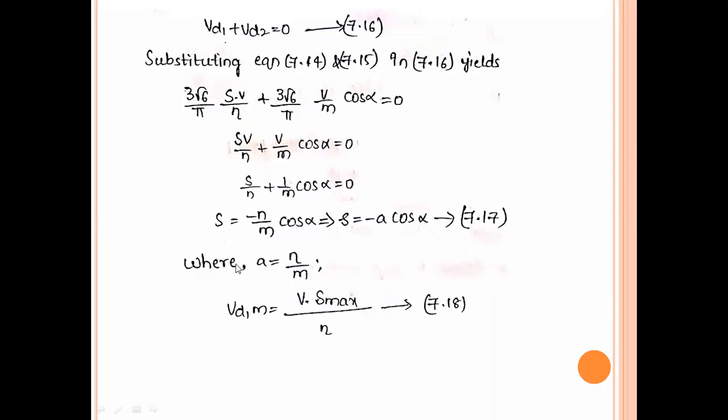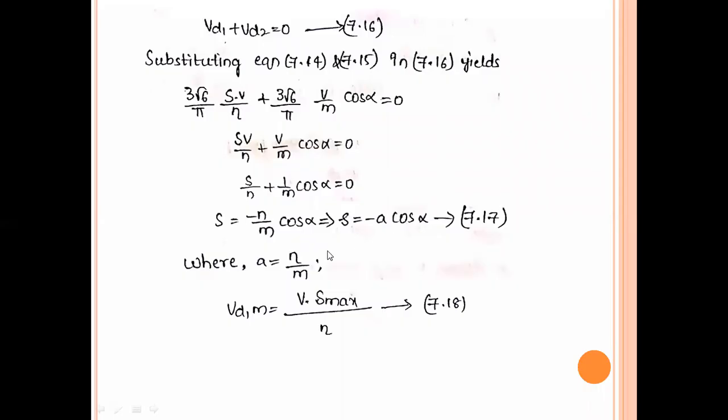N by M can also be written as A, which is a constant value, because N is the turns ratio of the induction motor and M is the turns ratio of the transformer. So if the turns ratios N and M are equal, then slip will simply be minus cos alpha.